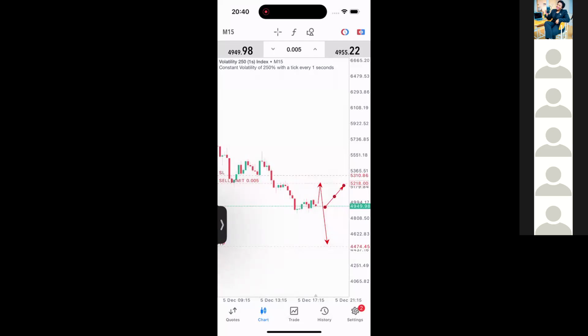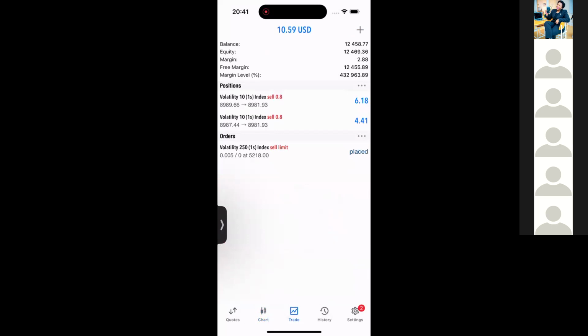Let's go back to our charts. Can you see the trade we entered yesterday? I said yesterday that we're having about $10, and that's because we are using a low lot size.